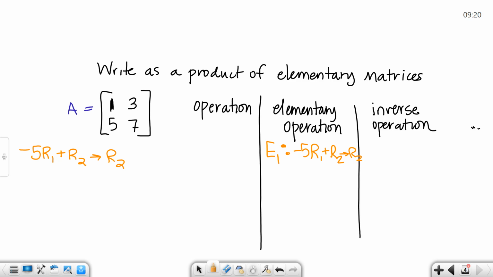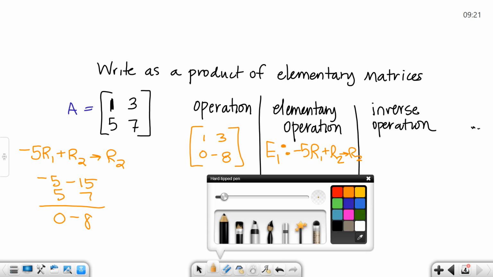So I'm going to take -5 and run through. So that's -5, -15. 5, 7. I'm going to add them up, and I get 0, -8. So this first operation that I'm going to get is going to give me this. Now, maybe operation might not be my best thing.